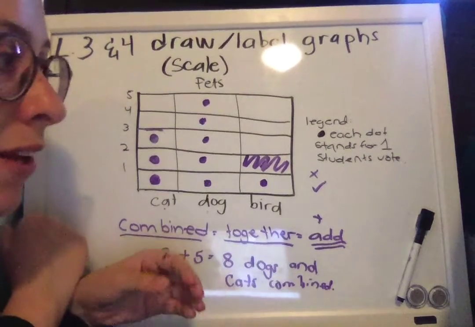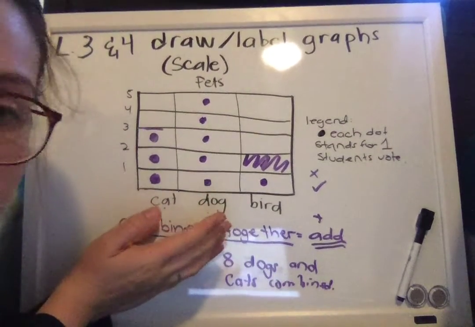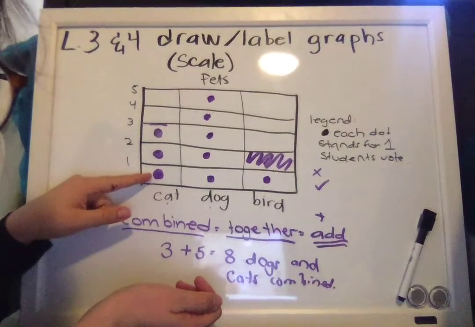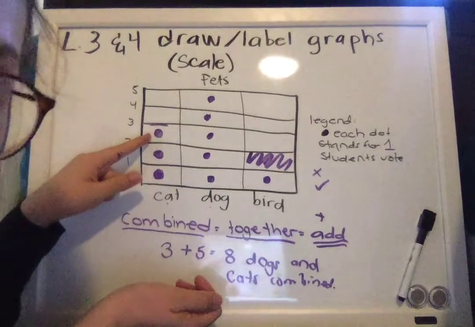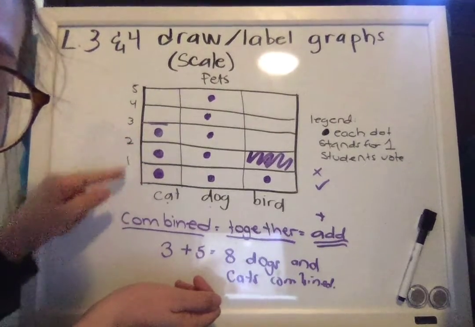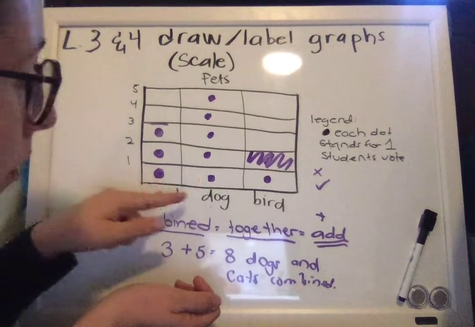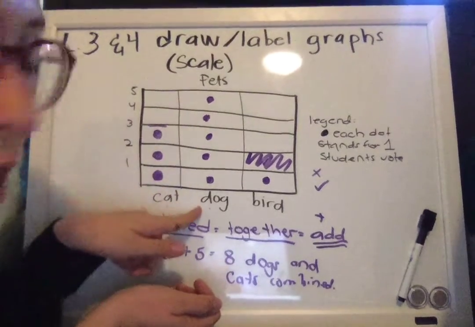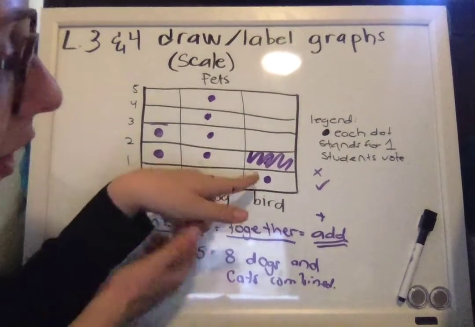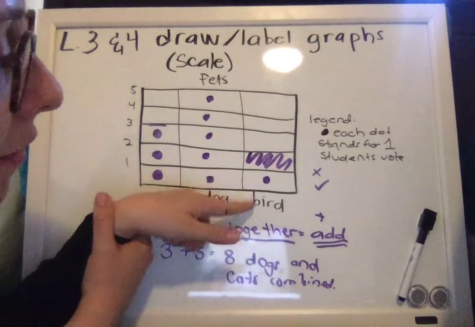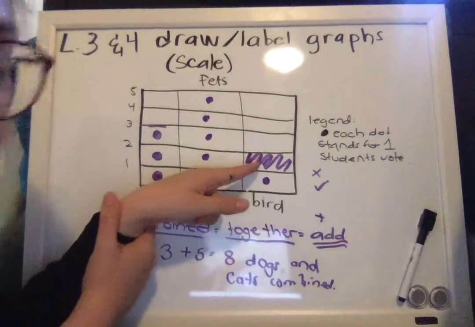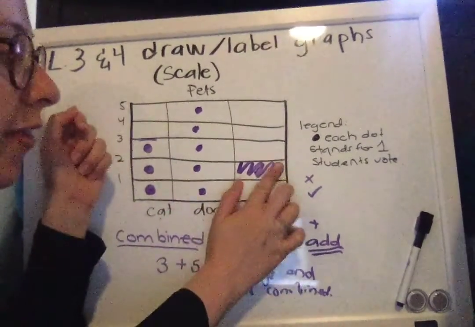You're going to have numbers up to 100 that you have to graph, and you will need to, for example, count by fives. 5, 10, 15. 15 kids voted for a cat. Or 5, 10, 15, 20, 25 kids voted for a dog. Or here, 5 kids voted for a bird.